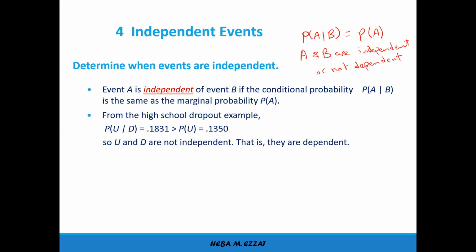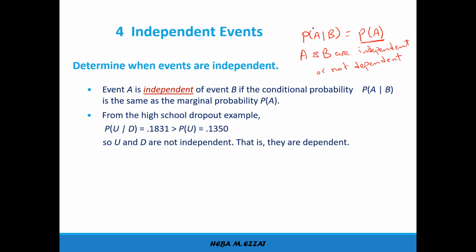This, of course, means that the information that B has already occurred doesn't affect at all the probability of A to occur. So in this case, the two events are independent, to put it very simply.